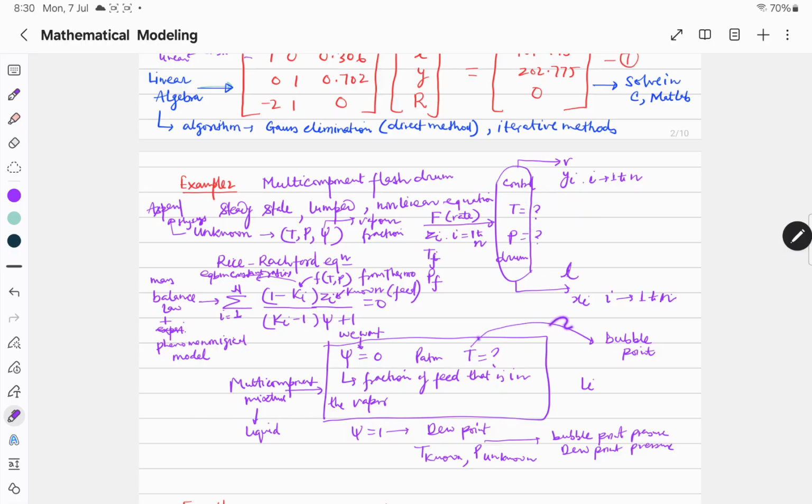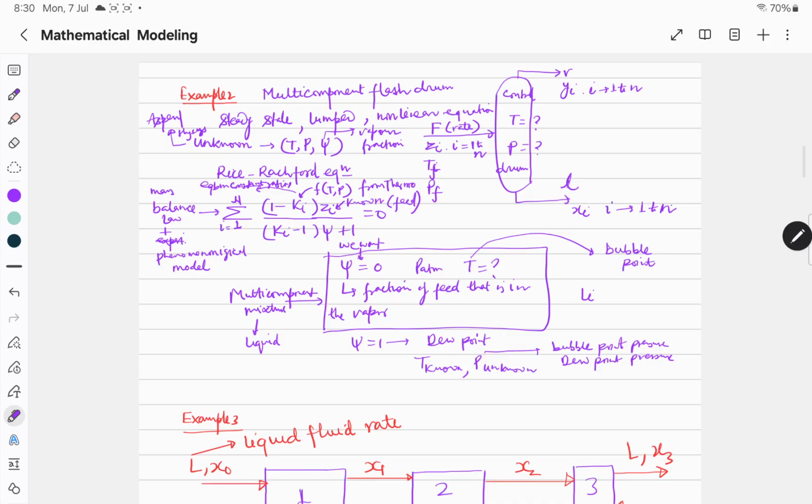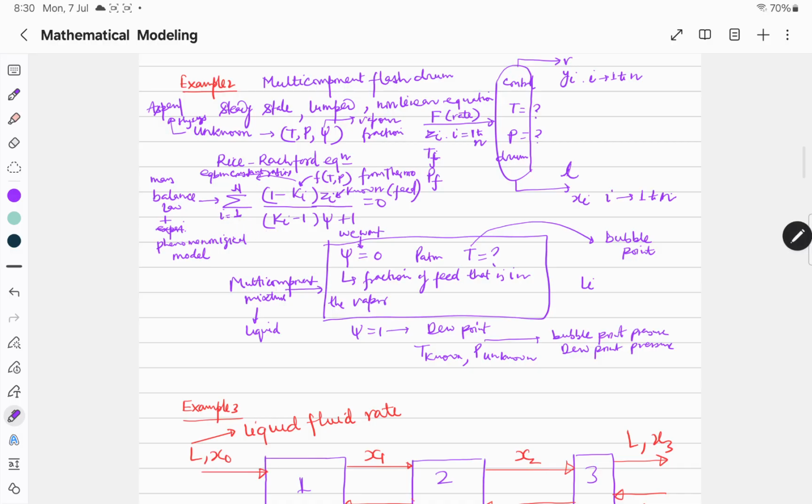That is the bubble point, psi equal to 0. Similarly, if you put psi equal to 1, you will get the dew point. So this single equation covers bubble point and dew point calculations as well. And similarly, if T is known and P is unknown, you can calculate the bubble point pressure and dew point pressure. So all these calculations can be done with this single equation.